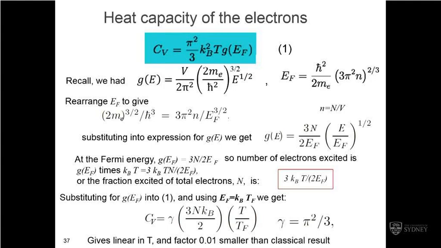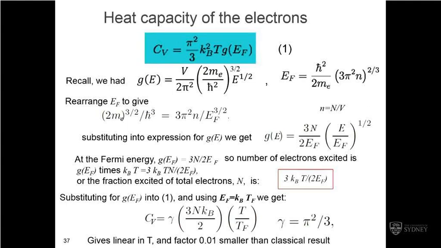Then we can substitute this into here. So we get this expression for g of E being equal to 3n, total number of electrons, over 2 times the Fermi energy, E, your arbitrary E, divided by the Fermi energy, all to the power half. So it's just a neater way of writing it.